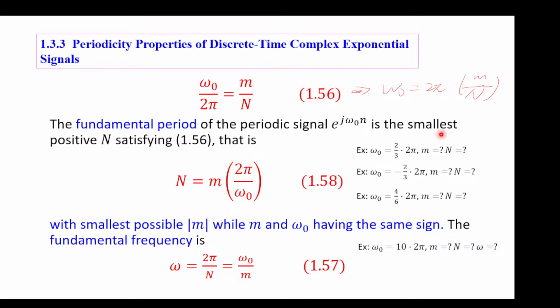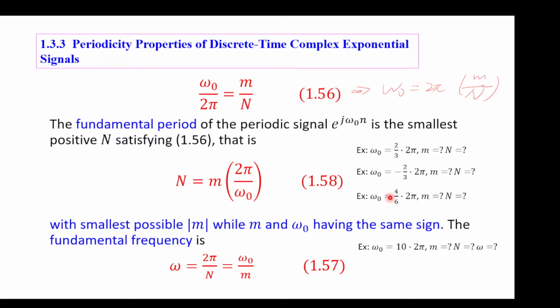But I guess I should put this second: we also say the smallest possible N. Smallest possible means that if you somehow want to write your omega naught as 2 pi times 4/6, 2 pi times 4/6 doesn't mean your fundamental period is 6, because 4/6 actually equals 2/3, and 4 and 6 are not coprime, right? So you want to write your 4/6 as 2/3. Okay, so with this 4/6, your m and N are still 2 and 3.